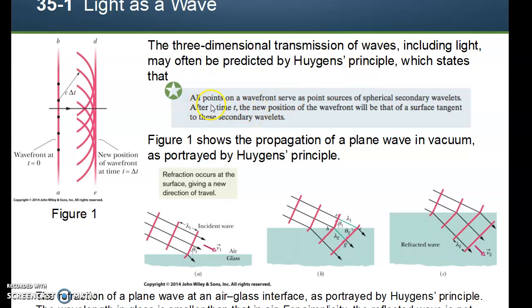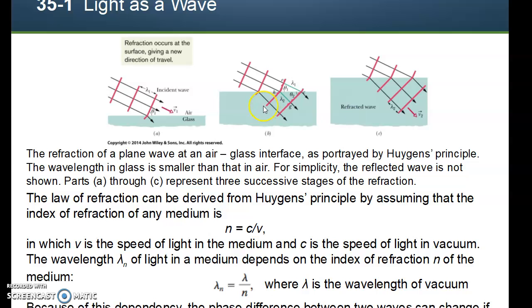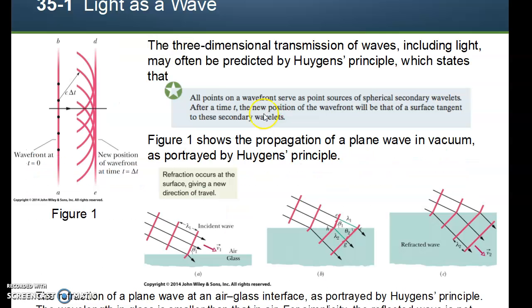And that is all points on a wavefront serve as point sources of spherical secondary wavelets. After a time t, the new position of the wavefront will be that of the surface tangent to these secondary wavelets. And figure 1 shows you what they were talking about there, what happens in a vacuum.